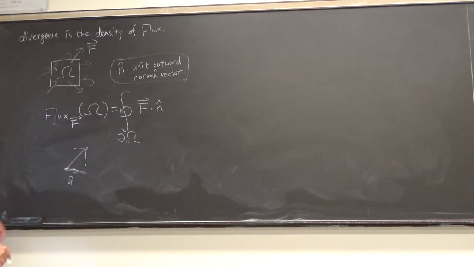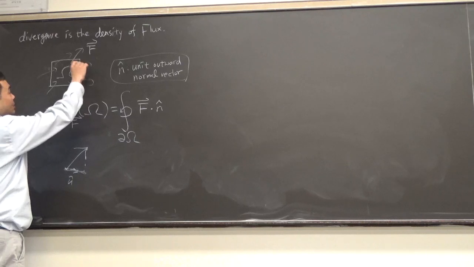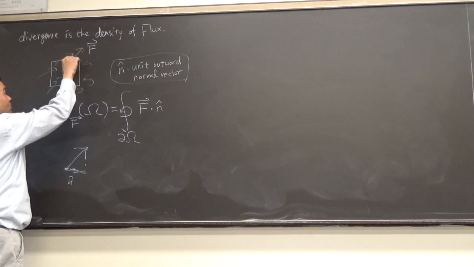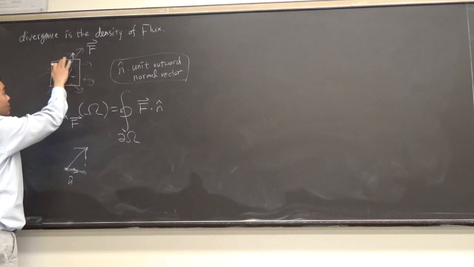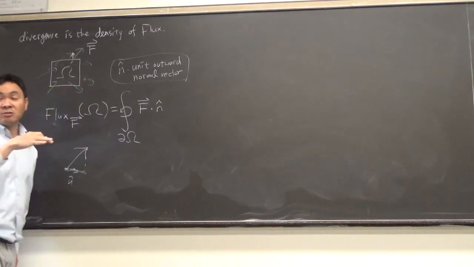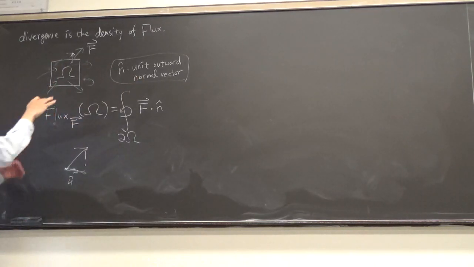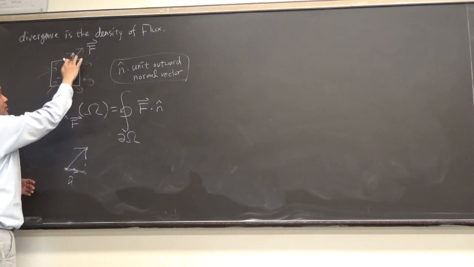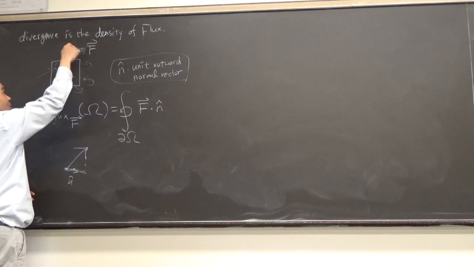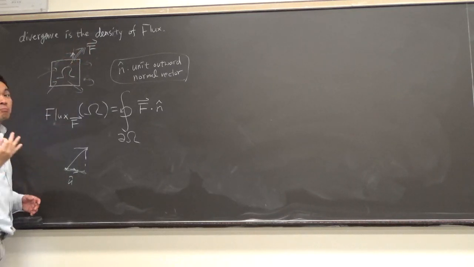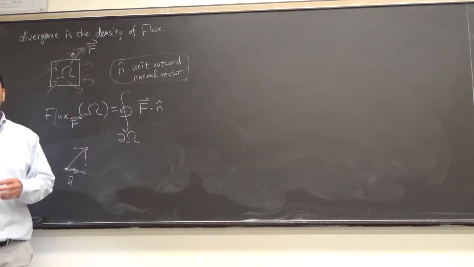Here's the unit vector that's perpendicular to the boundary, since normal means perpendicular. So you're taking this vector and projecting it to figure out only the component that's used to escape the region.